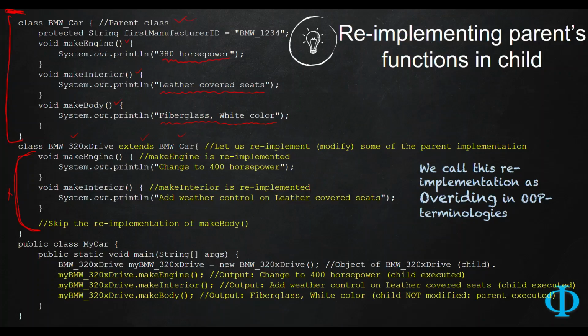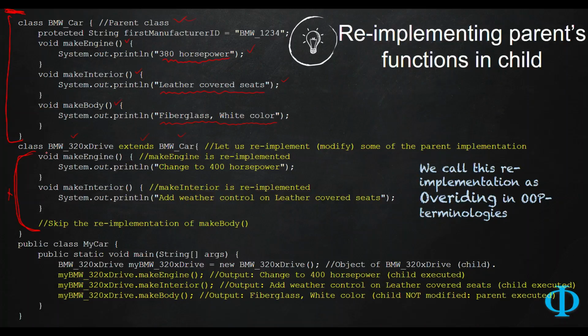But we did not write any code inside the class so that the child class could use the default implementation. But this time we are interested to re-implement all these different functions, re-implement the default behavior, or let's say overwriting all the functions. So let us do that and let us see what happens.